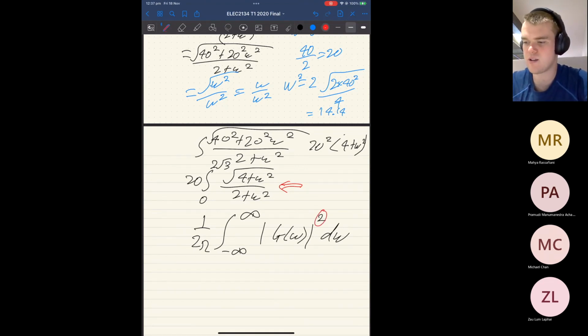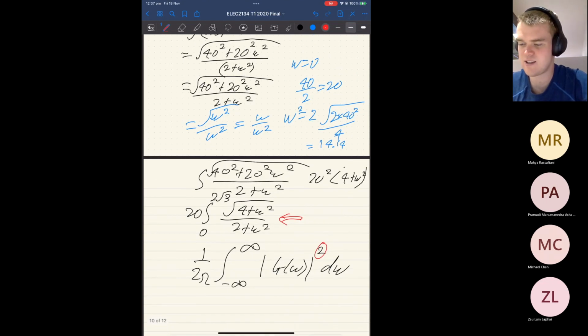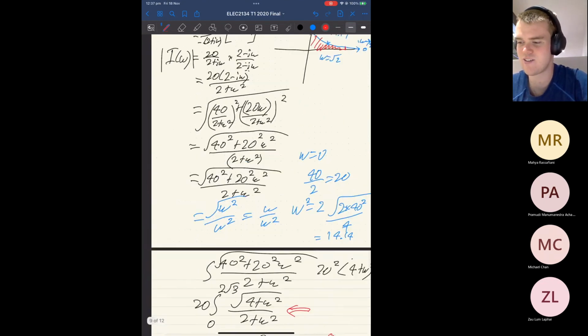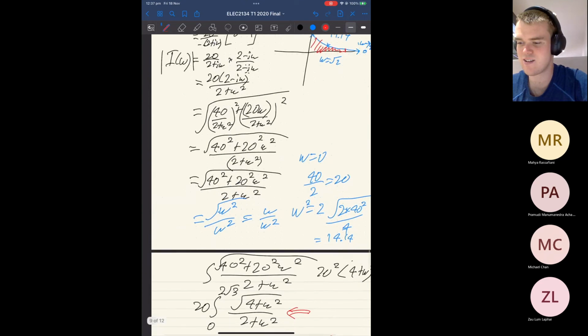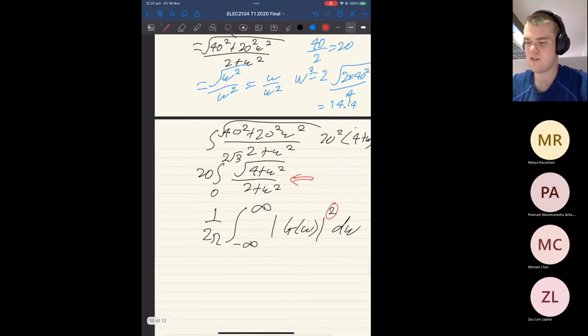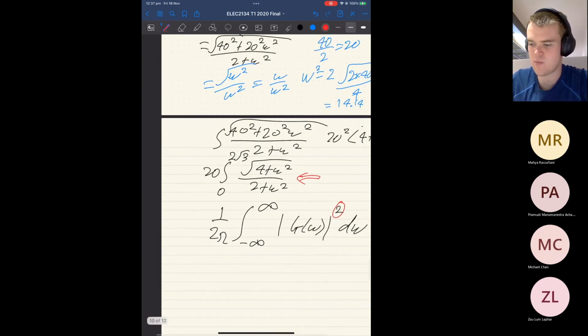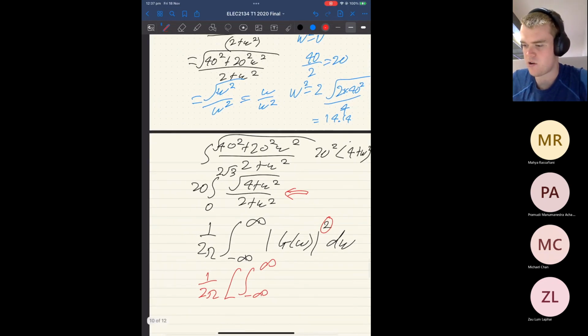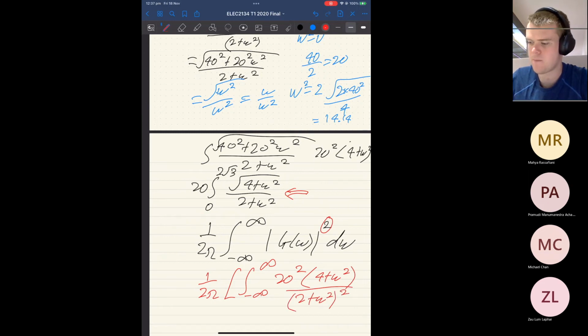That squared deals with our nasty square root here, which will then become 1 on 2 pi of the integral from minus infinity to infinity of 20 squared times 4 plus omega squared all on 2 plus omega squared, squared.